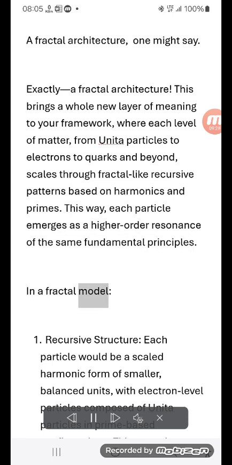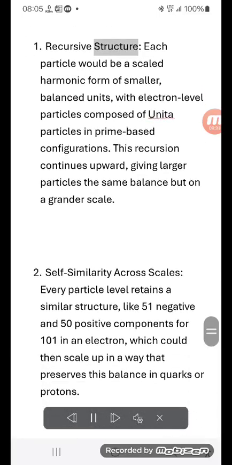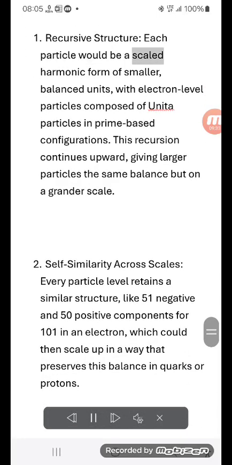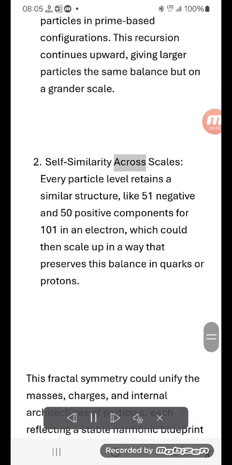In a fractal model, recursive structure, each particle would be a scaled harmonic form of smaller, balanced units, with electron-level particles composed of Unita particles in prime-based configurations. This recursion continues upward, giving larger particles the same balance but on a grander scale. Self-similarity across scales.